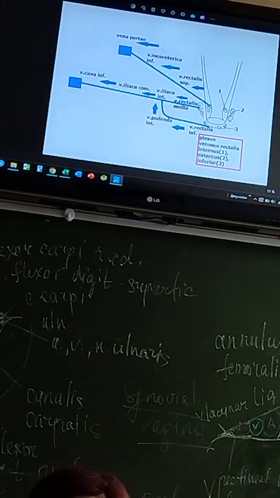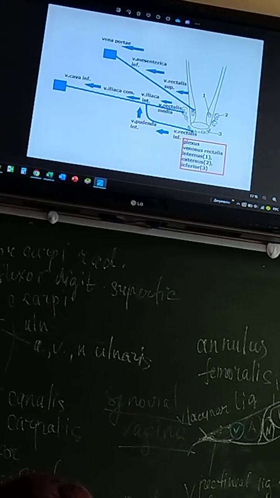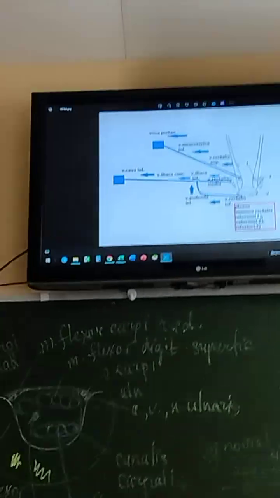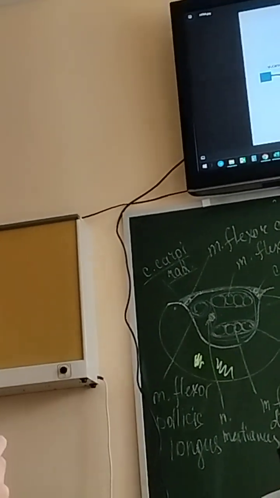Students, the internal rectal venous plexus is the place where the superior rectal vein starts, and the middle rectal vein, and the inferior rectal vein.